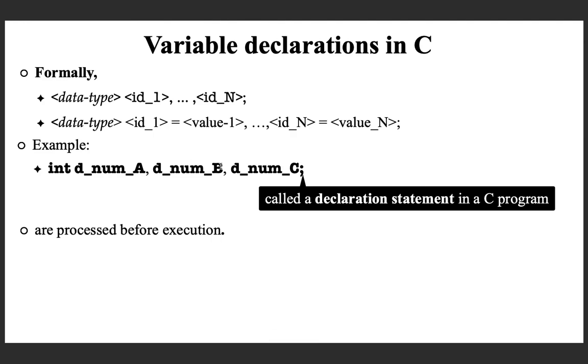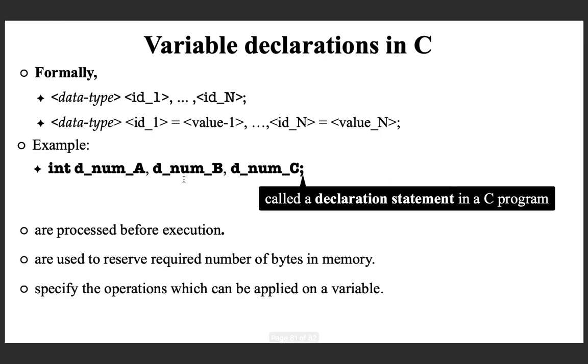And variable declarations like this are processed before execution. Note that they are processed before executing a program. Later we can see how exactly. Declarations are used to resolve the required number of bytes in memory, and they specify the operations which can be applied on a variable.